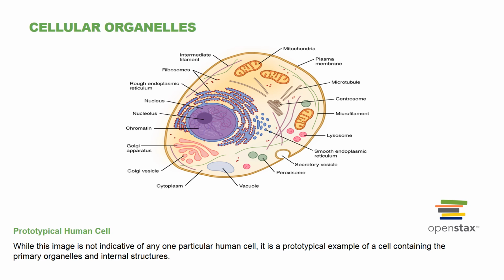Now, let's examine some of the cellular organelles. Here is a typical human cell, and it contains the primary organelles that we will discuss and some of the internal structures. You can see the cytoplasm, various organelles, and the plasma membrane.